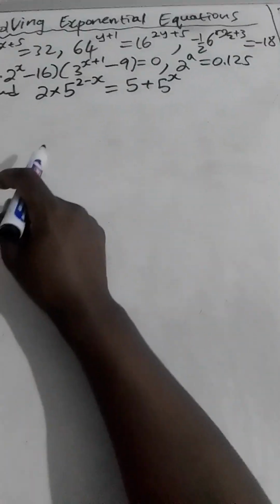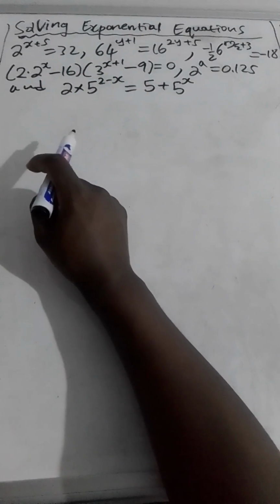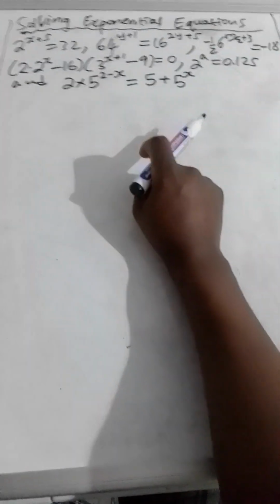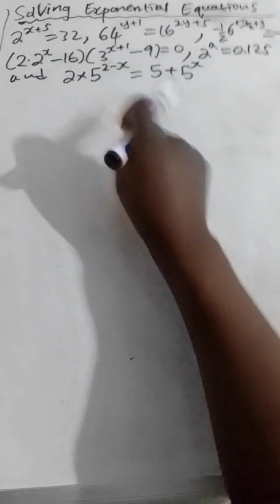Now we will go on and solve the examples that are given. When solving exponential equations, we will use the argument that if two powers are equal and have the same bases, then their exponents are equal.